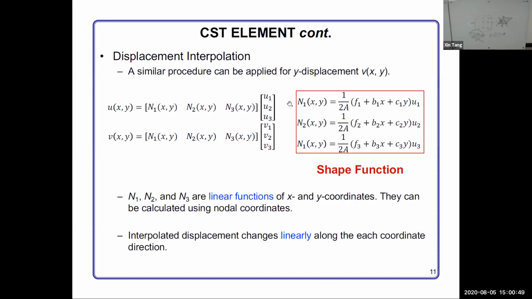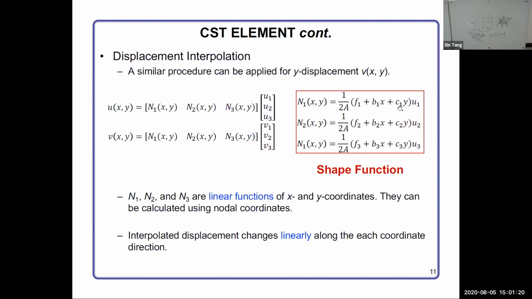Okay, and the expressions of the N are written here. This actually equals N3; we will correct this. These are very important functions. These three, N1, N2, N3, are called shape functions. This is a very famous function in finite element. For the CST element, constant stress or strain triangle element, the shape functions are in this form.